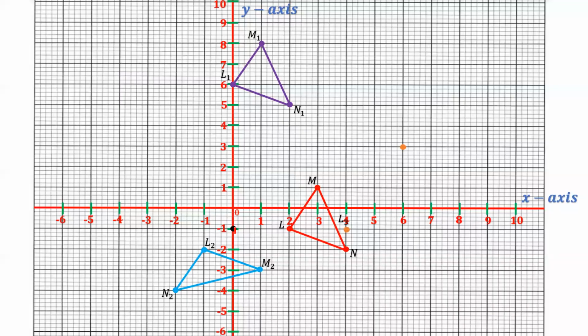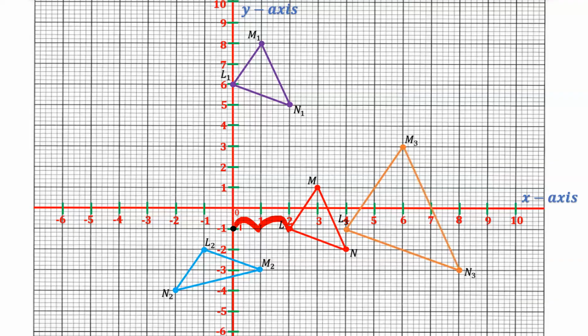This point is our center of enlargement. That's going to be our center right here. So this is L. If you look carefully, we moved 1, 2 spaces.